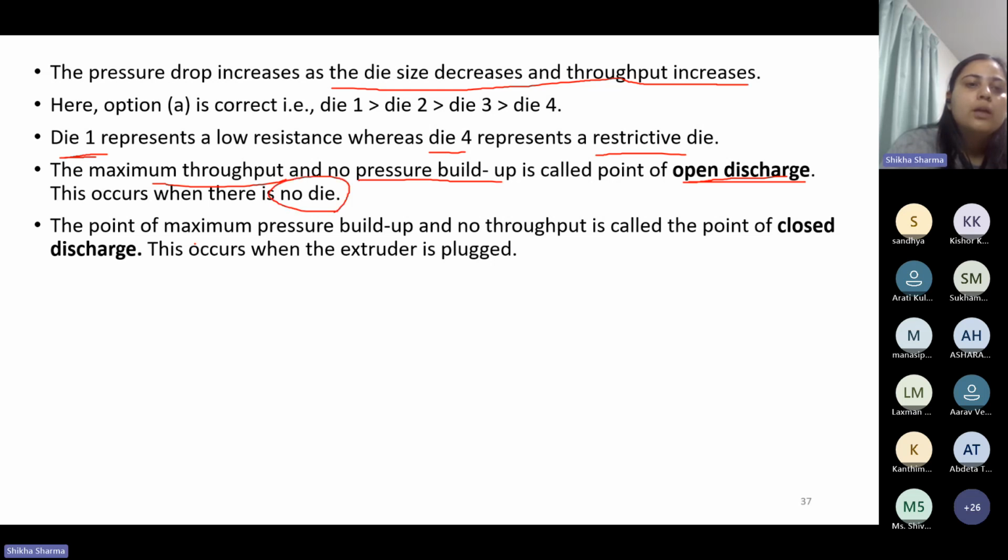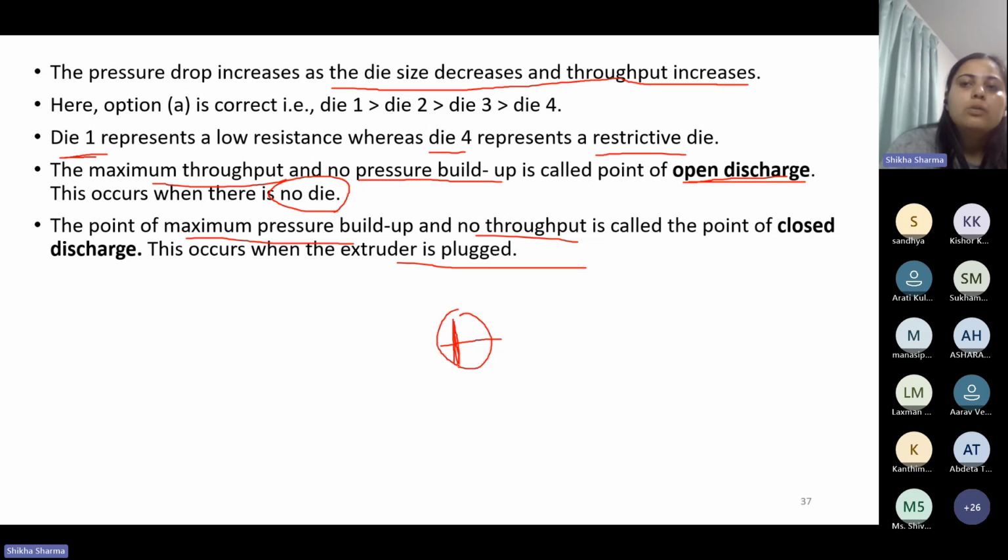But there is another condition called closed discharge, in which the extruder is plugged, so the maximum pressure is built up and no throughput comes out of the barrel and die, because it is closed.